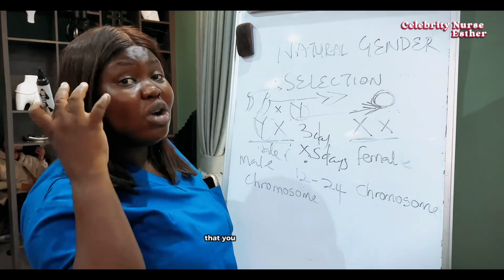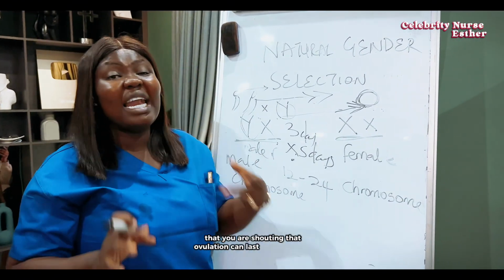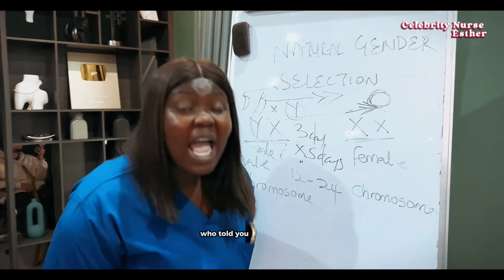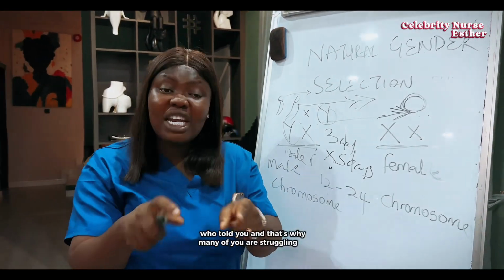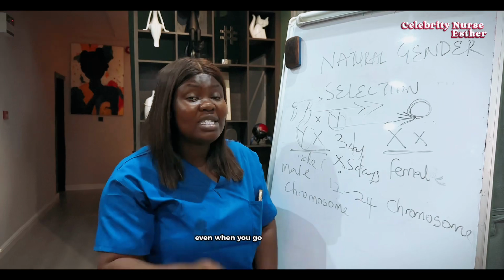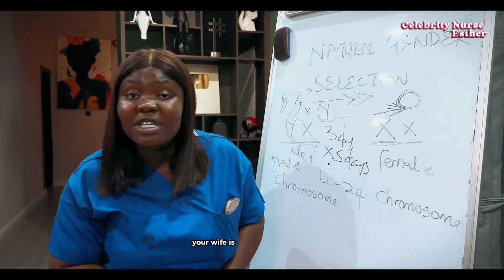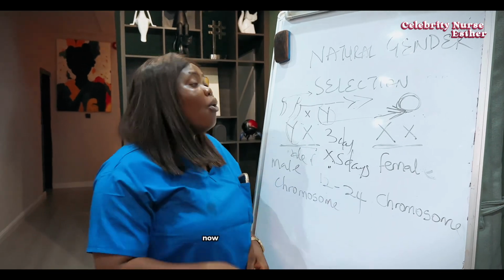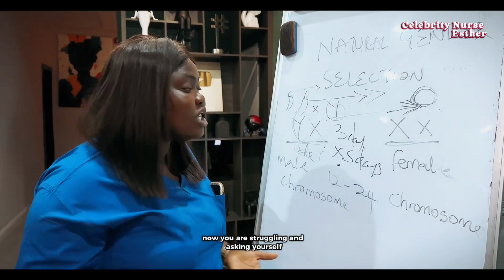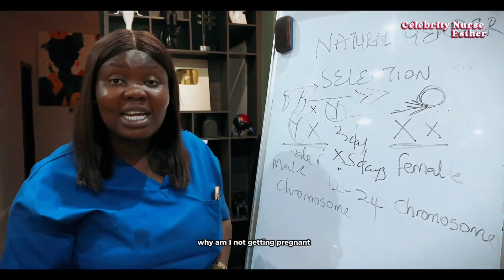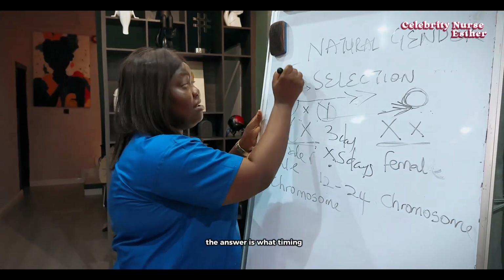For those of you shouting that ovulation can last for 7 days, who told you? And that's why many of you are struggling today. Even when you go and see your doctor, they will say, madam, you are okay. Oga, your wife is fine and you are okay. Now, you are struggling and asking yourself, why am I not getting pregnant? The answer is timing.